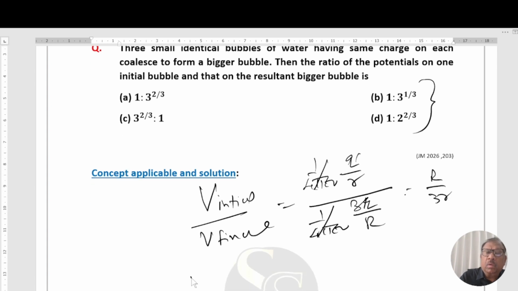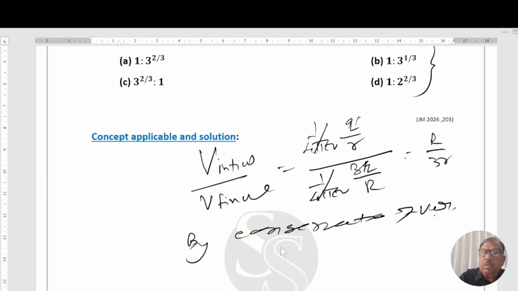Now, by conservation of volume, 3 small drops into 4 by 3 pi r cube equal to 4 by 3 pi R cube. Capital R is the bigger drop.